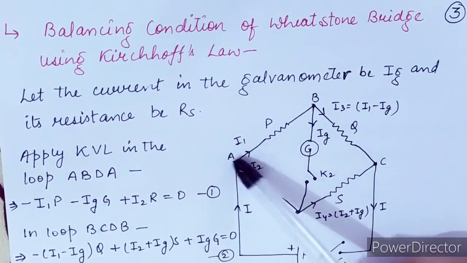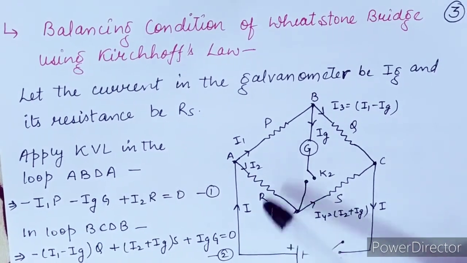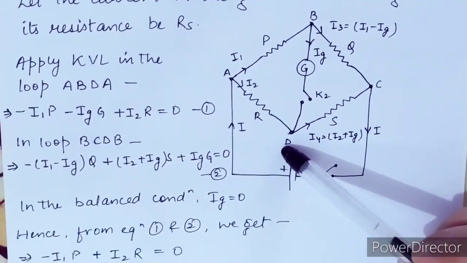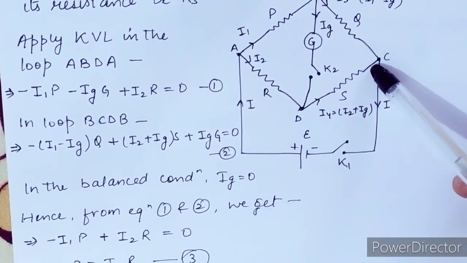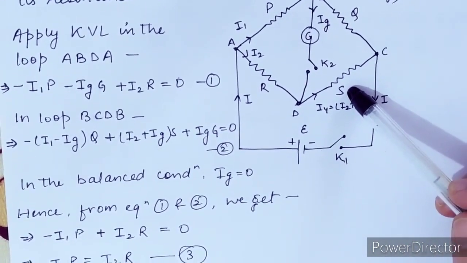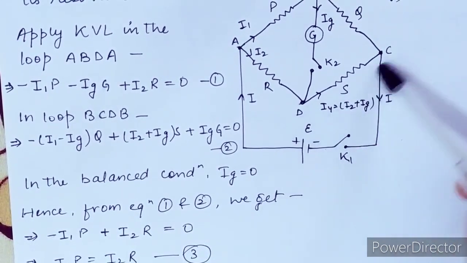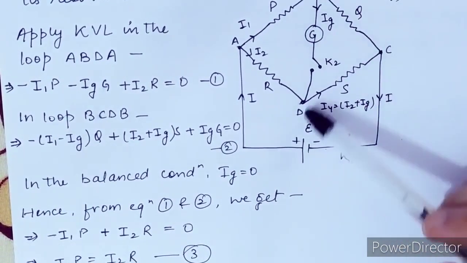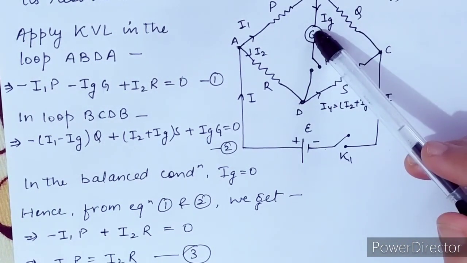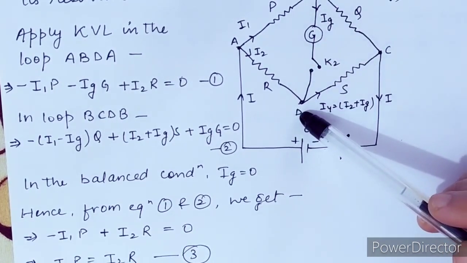The arm AD has resistance R, which is the known resistance, so AD is the known resistance arm. DC has the resistance S that you have to calculate, the unknown resistance, so this is the unknown resistance arm. BD, in which a galvanometer and a key K2 are connected, is the galvanometer arm.